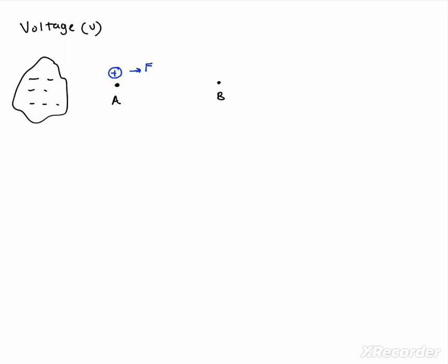Now what if we have a whole bunch of positively charged particles, and we want all of them to be at B?